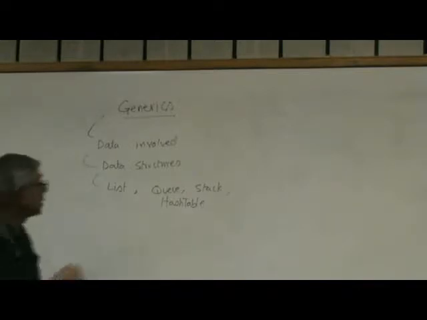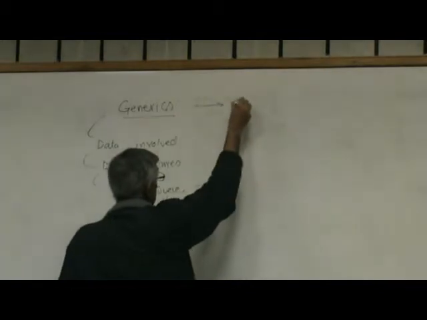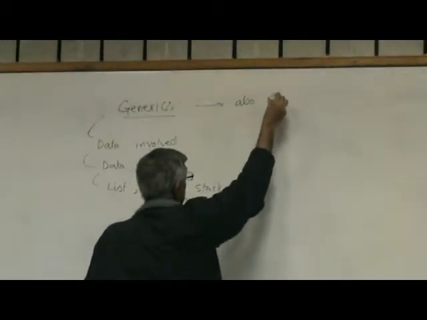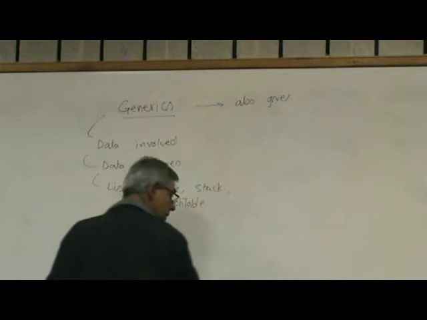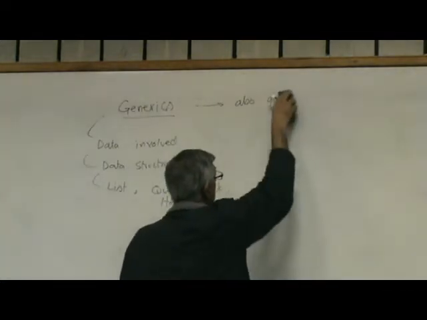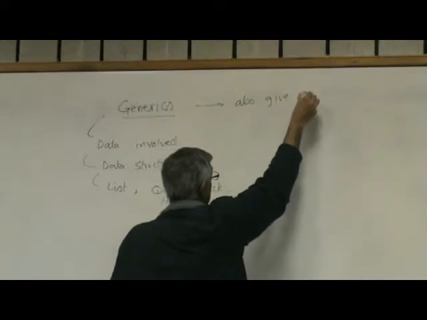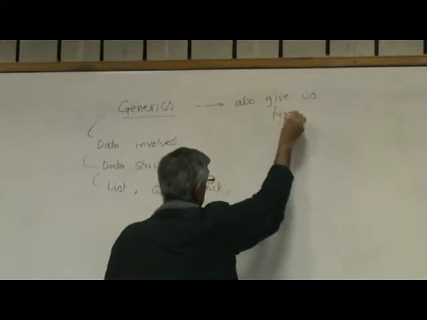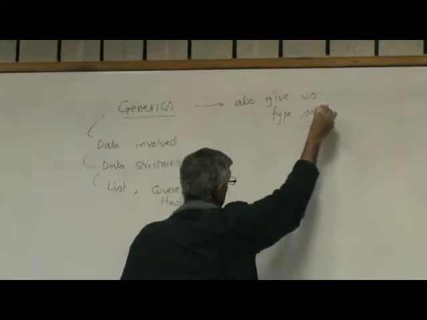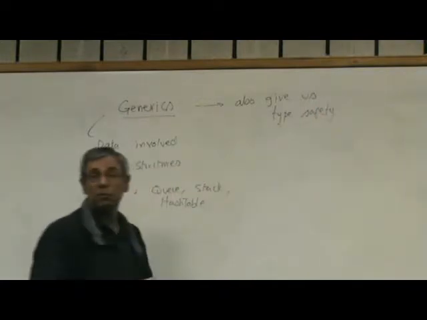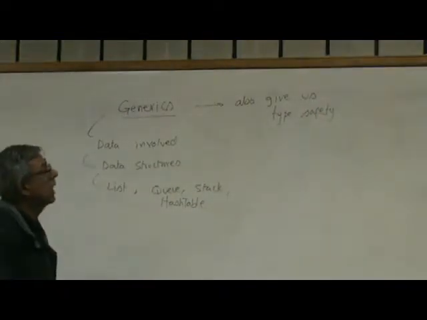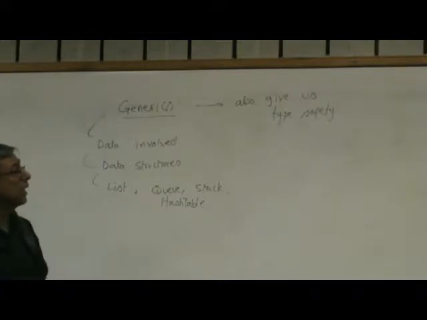Generics also give us type safety. So in modern software development, you should always be using generics, as opposed to using plain object.